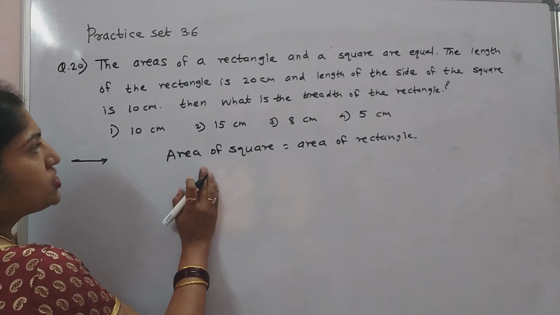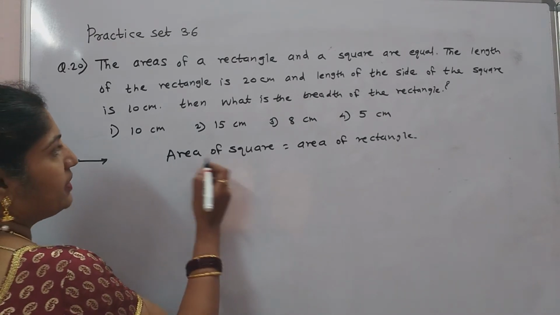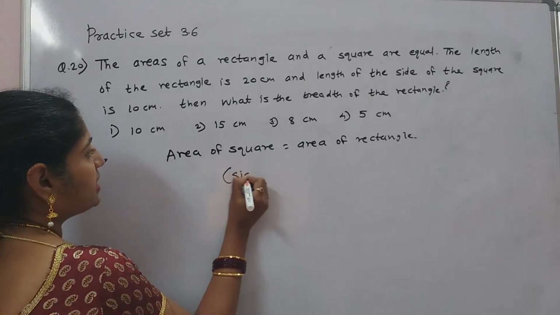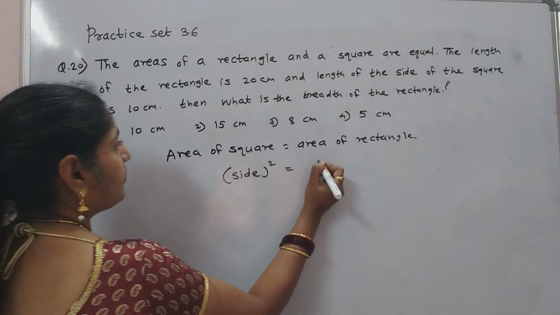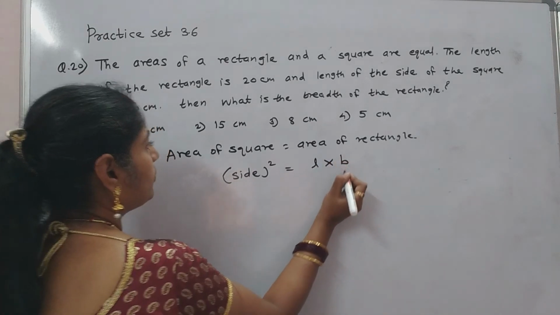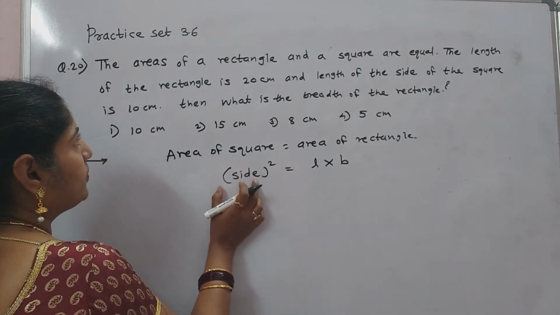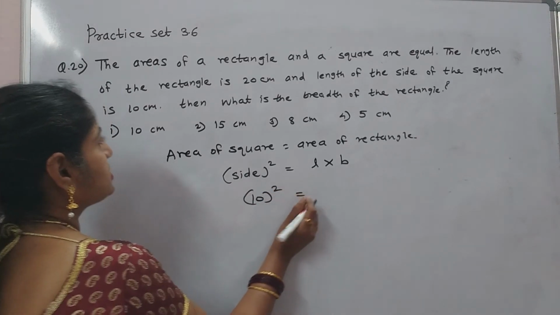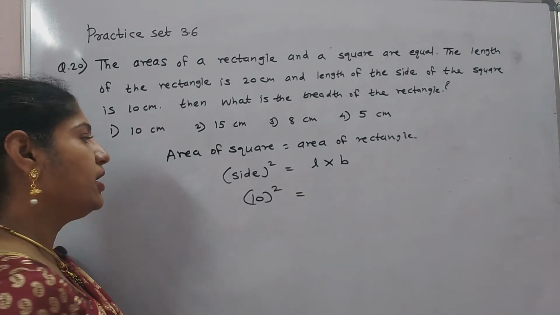Side of the square is 10 centimeters. Area of the square is side square, and area of the rectangle is length into breadth. Put the values: 10 square is 100.